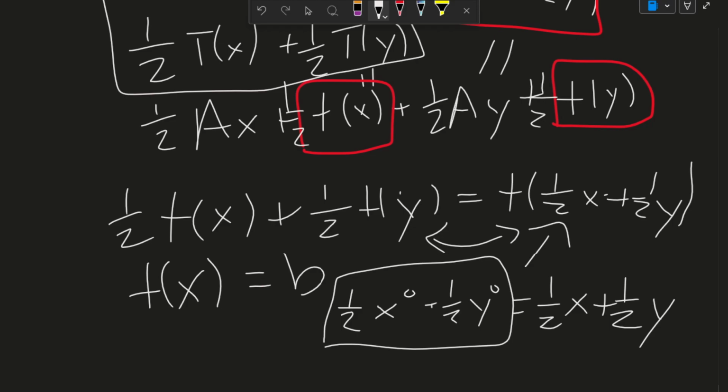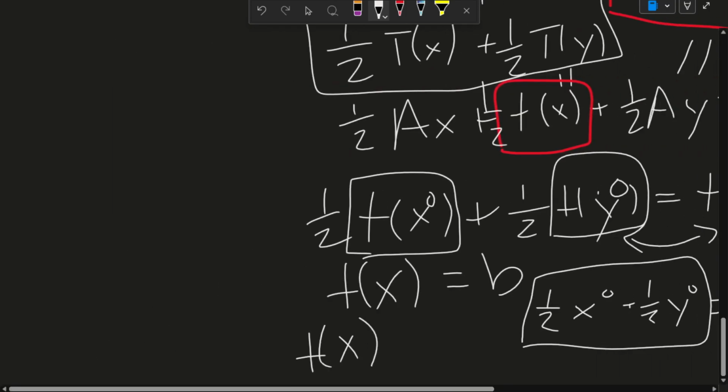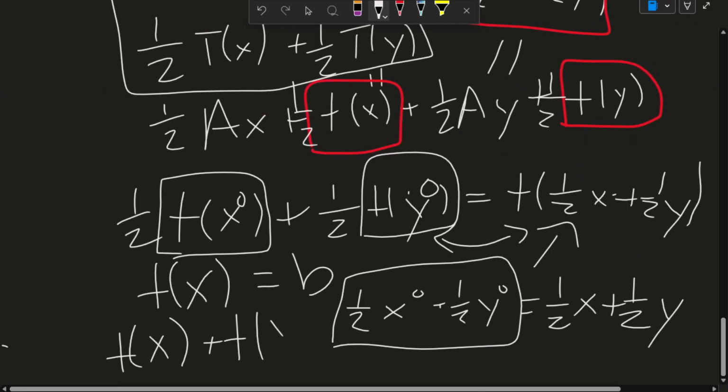The right-hand side would have to be the same, which would mean that this equation must then hold. And so in particular, t of x0 and t of y0, when added together, must be the same as t of x plus t of y. These must be the same value.